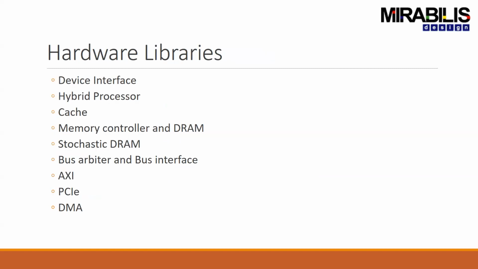So following this, these are the hardware libraries that are in VisualSim. For a simple design, a user can use the device interface, which is just an interface for the master or slave devices. We don't have to implement its entire functionality, but we say, okay, this is what it will do. It will provide these kinds of information.